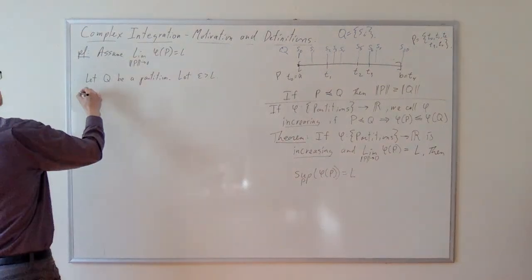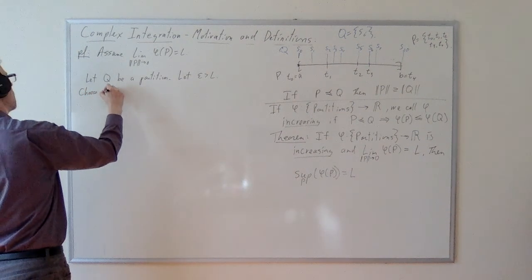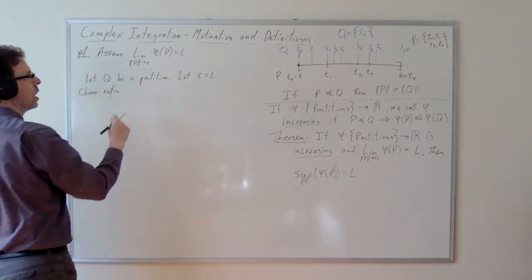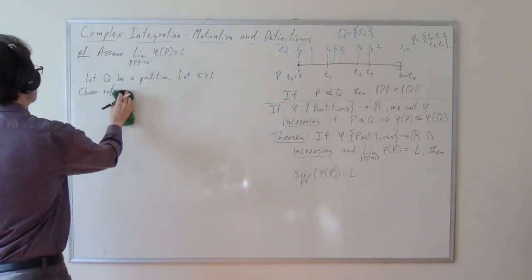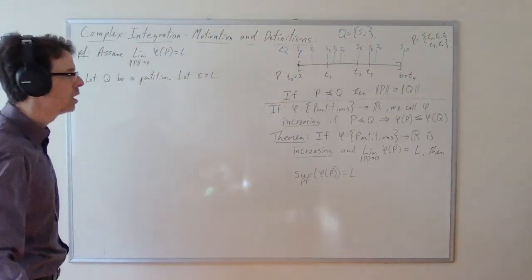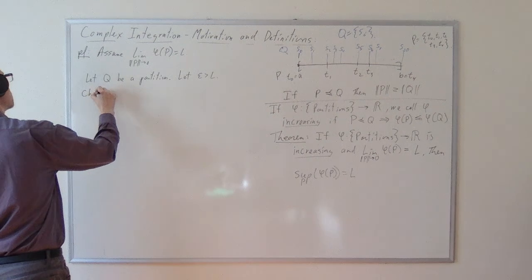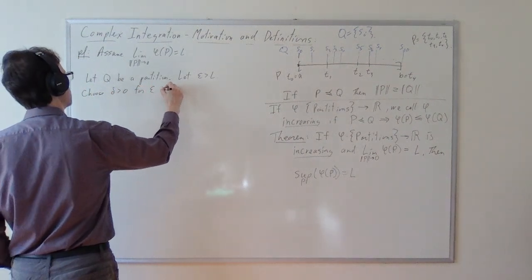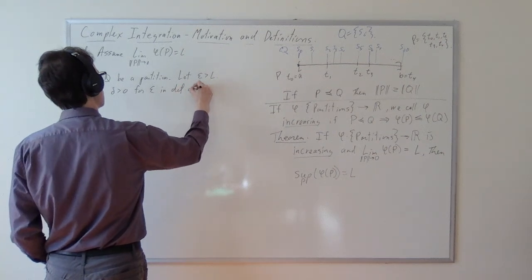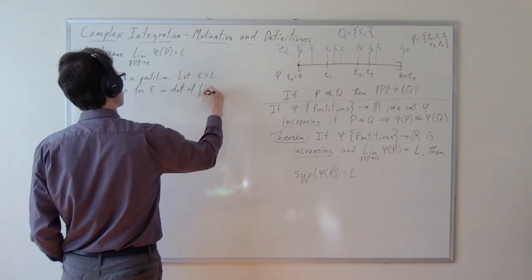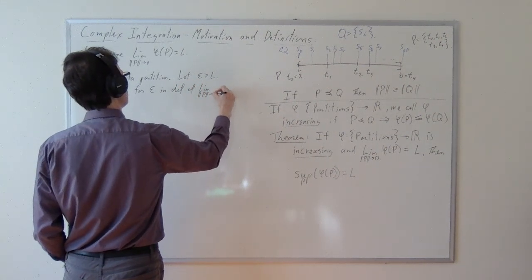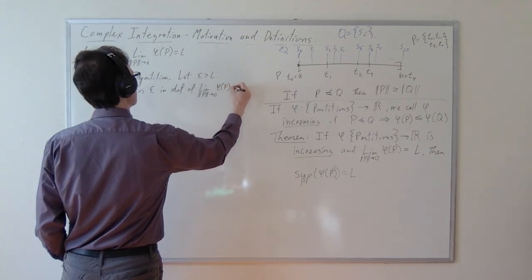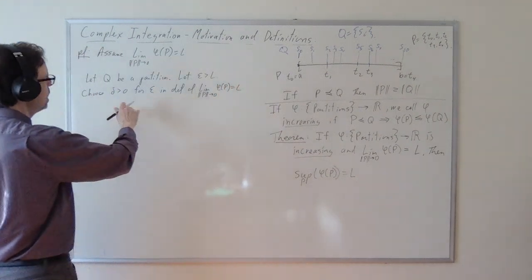We're going to let epsilon be greater than 0. And we're going to choose a refinement. Hold on. First, we're going to choose a delta for epsilon in the definition of the limit. What does this really mean?